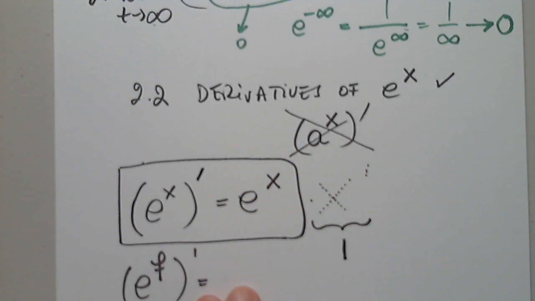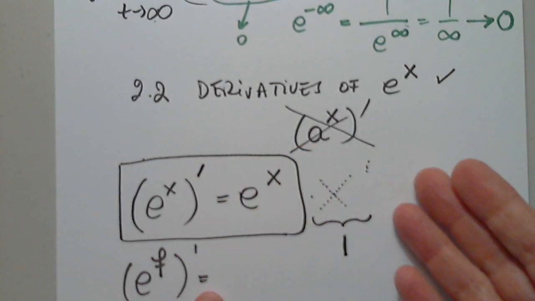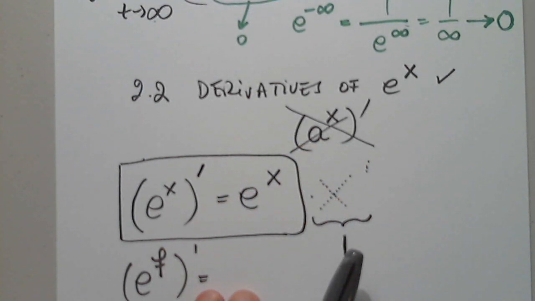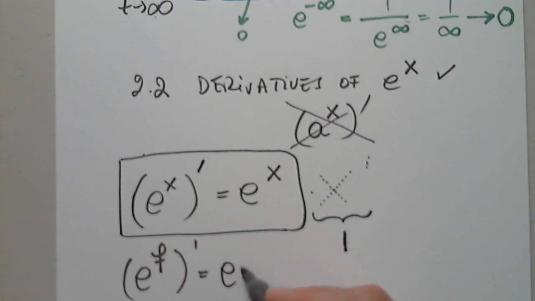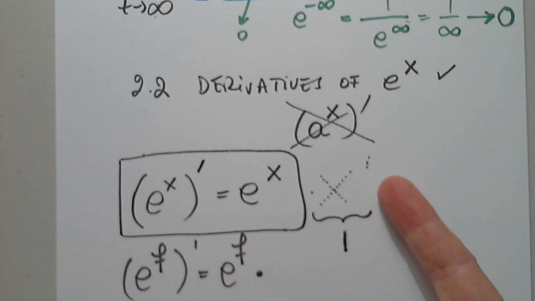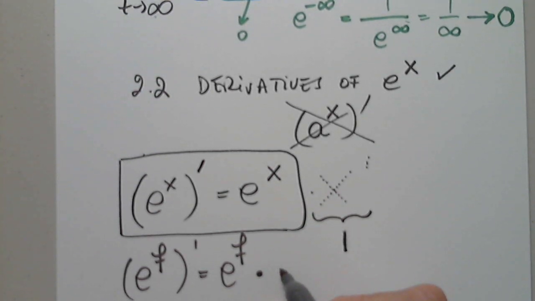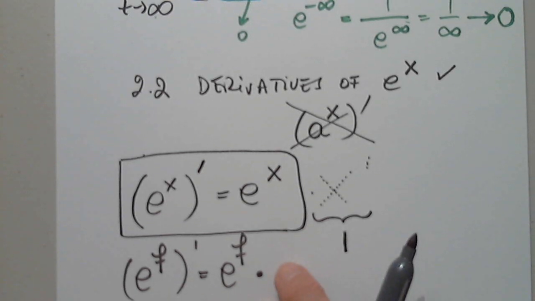Exactly what you see here. E to the function. Yes, of course. Since it's not x, I have to write it. This is not x. Times what?